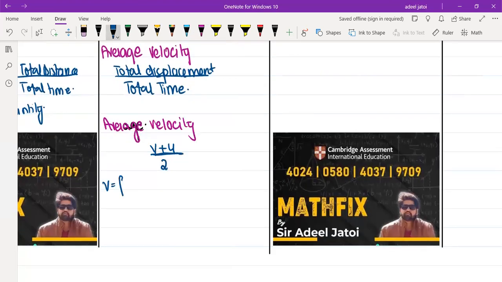V is your final velocity. U is your initial velocity.